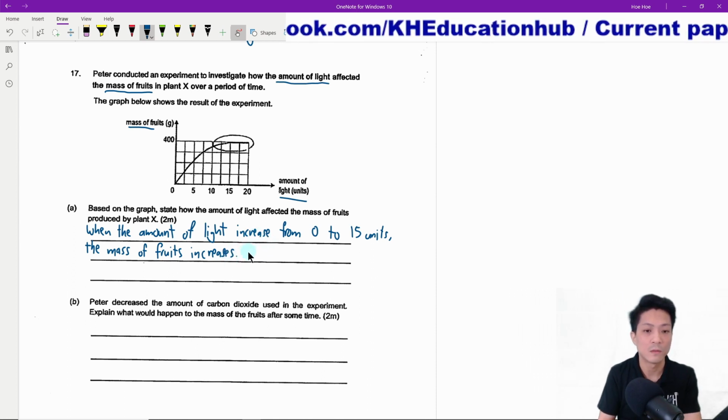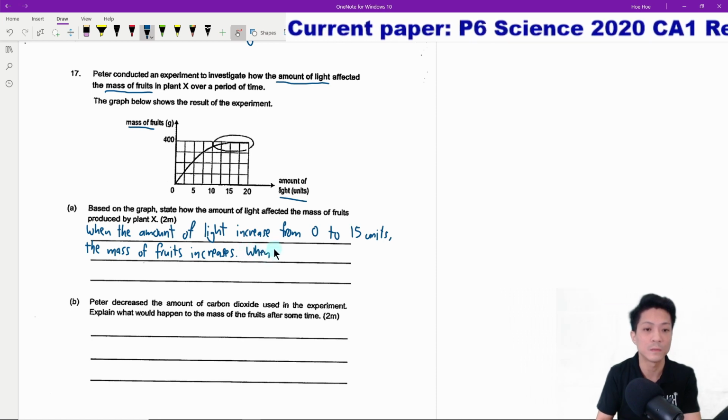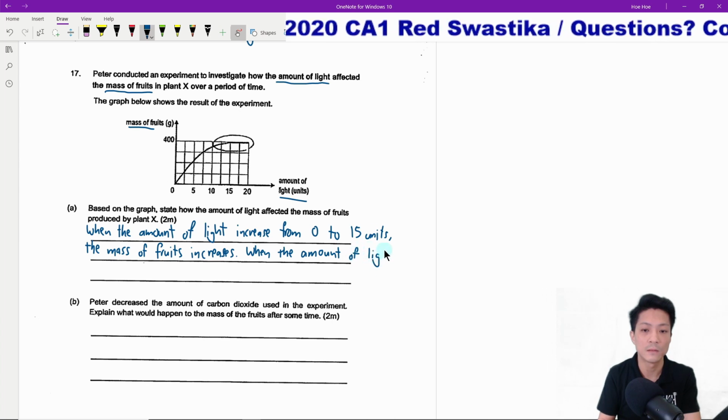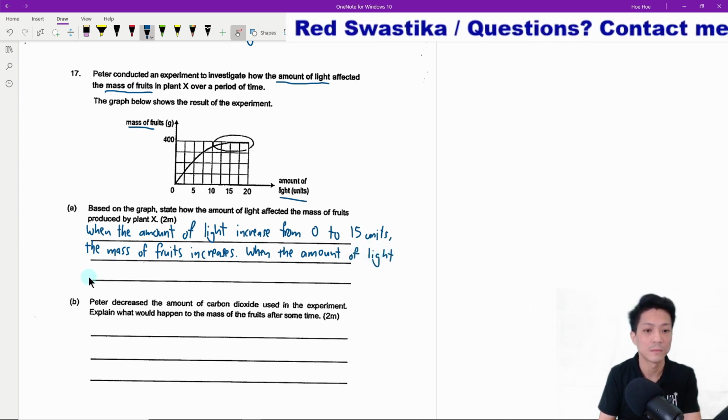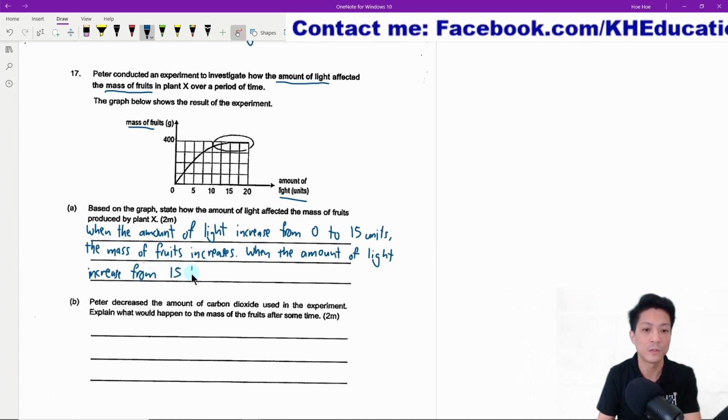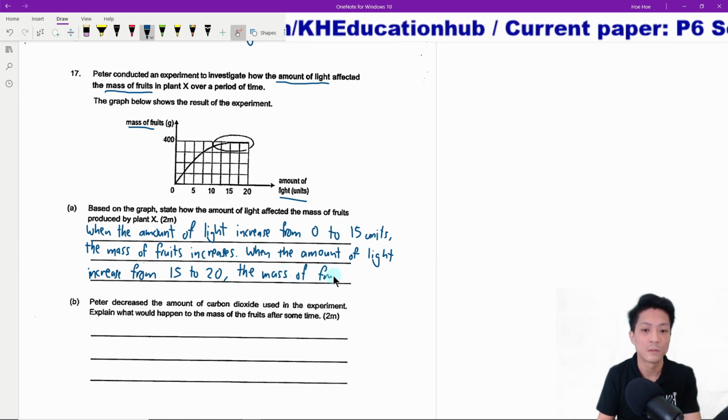But when the amount of light increases from 15 to 20, the mass of fruits remains the same.